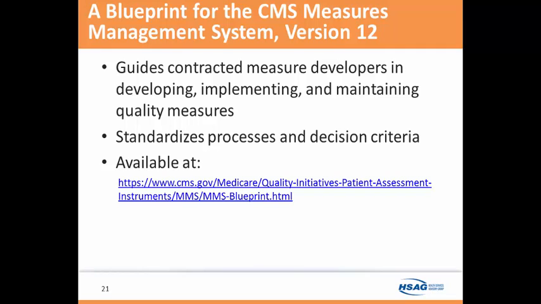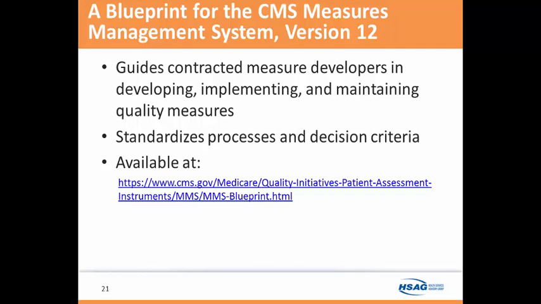The process of measure development is largely guided by the Measures Management System Blueprint. The blueprint documents a set of processes and decision criteria used by CMS to oversee the development, implementation, and maintenance of healthcare quality measures. The primary goal of the blueprint is to help measure developers carry out their contracts and produce quality measures that are appropriate for use by CMS.